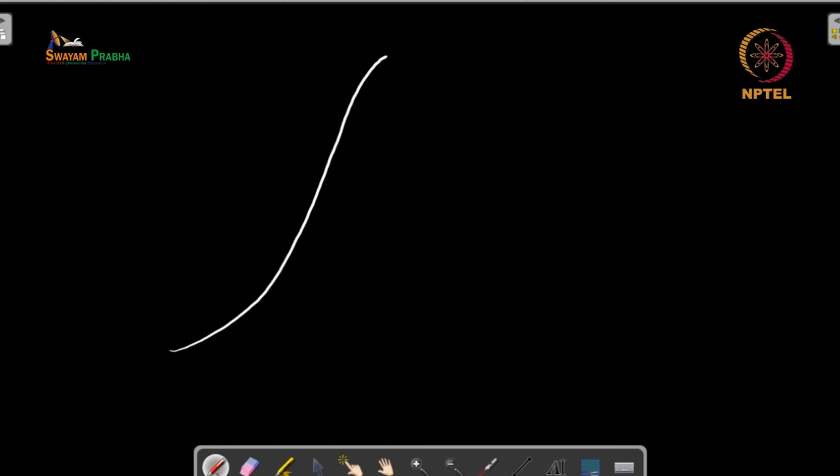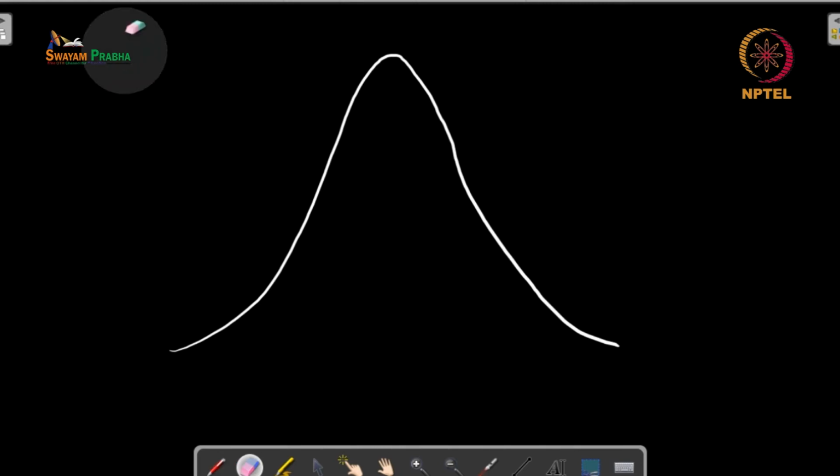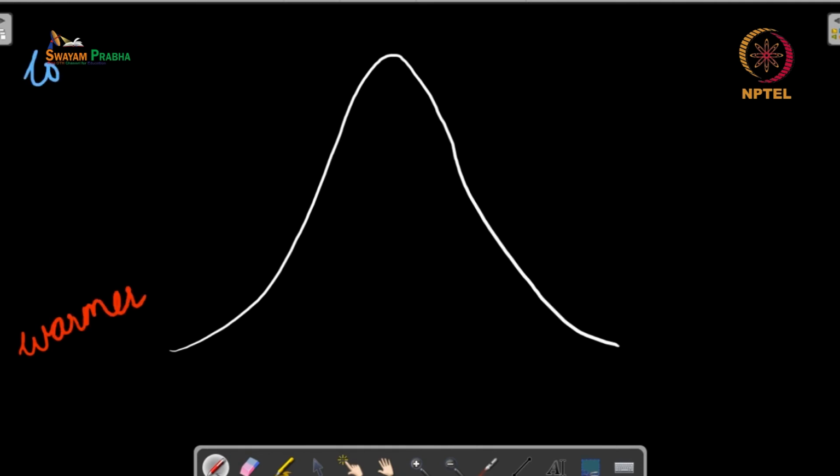Consider a hill. Now we know that the temperatures reduce when we go up. That is, near the Earth's surface, it is much hotter, or let us say much warmer. So this place is warmer, and on the top it is cooler.